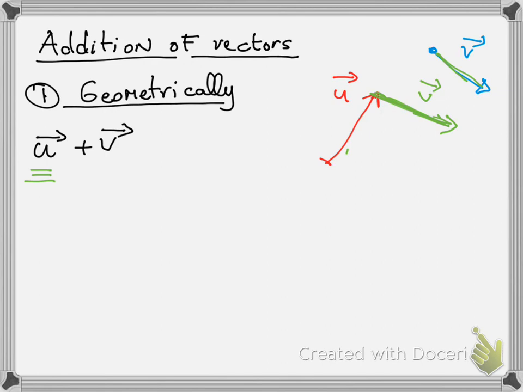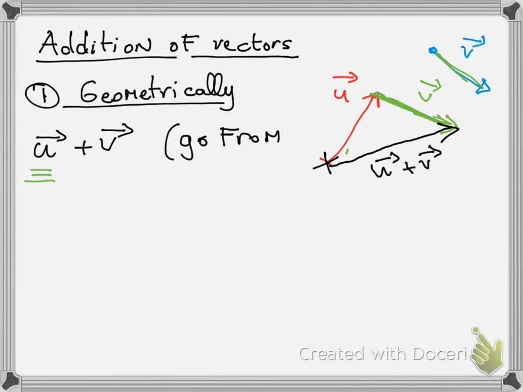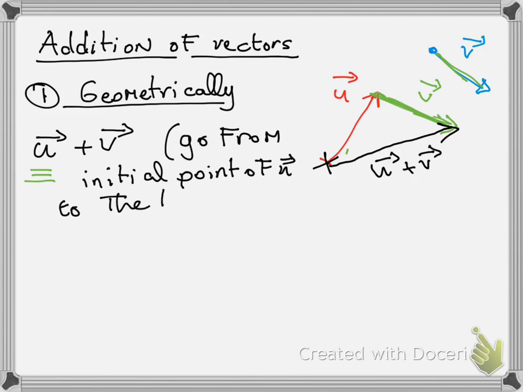Then the vector u plus v is the vector which goes from the initial point of u to the terminal point of v. So this is u plus v.